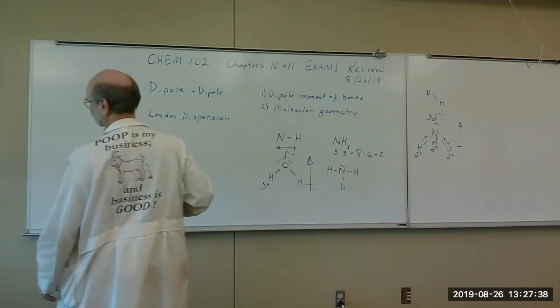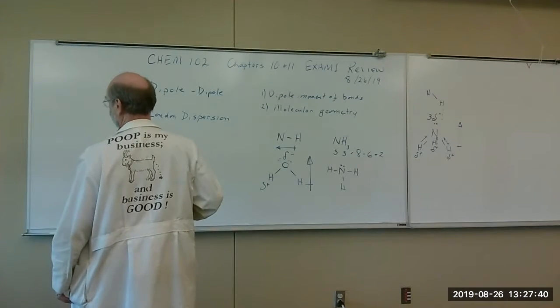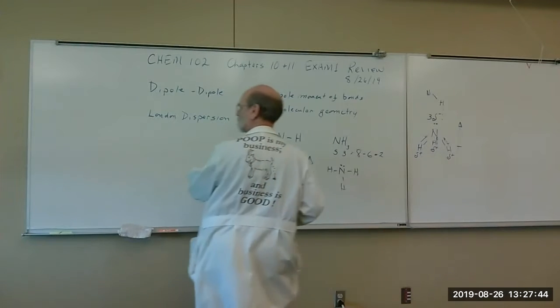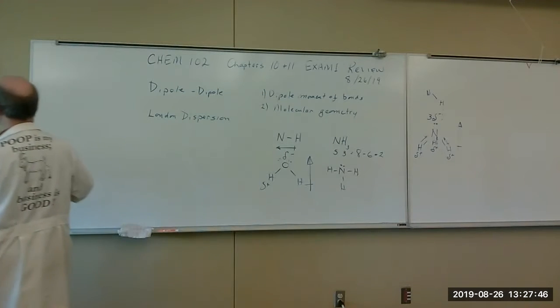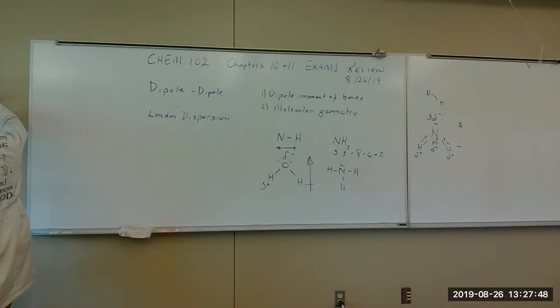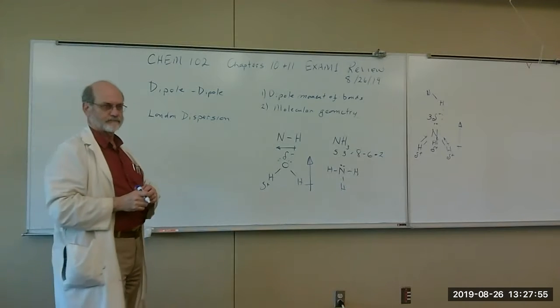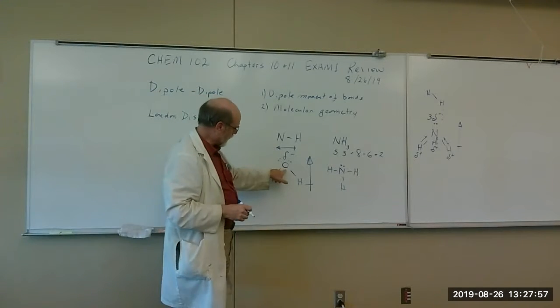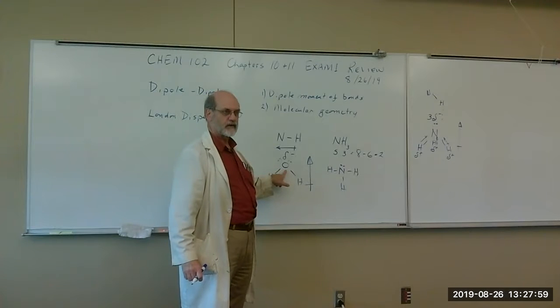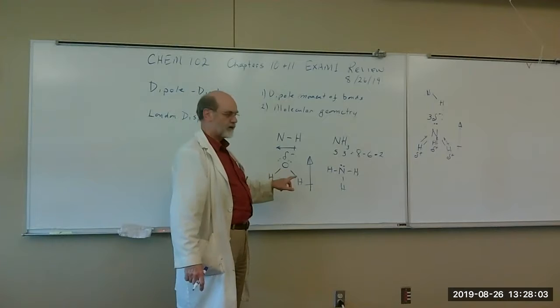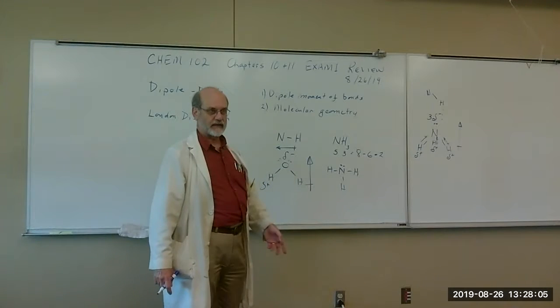Well, in fact, I think your book includes oxygen, nitrogen, and, no, oxygen, fluorine, and sulfur, I believe, are involved in hydrogen bonding. So if this is a highly electronegative atom, and that includes oxygen, fluorine, and sulfur, then you have the potential for hydrogen bonding.